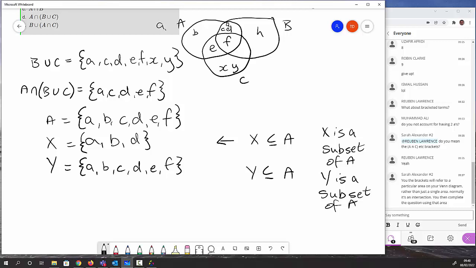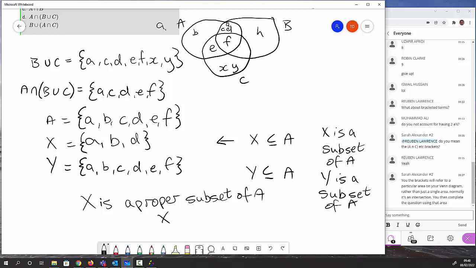And because everything in X is in A, but there are some things in A that aren't in X, we can actually say that X is a proper subset of A, and that has this symbol.